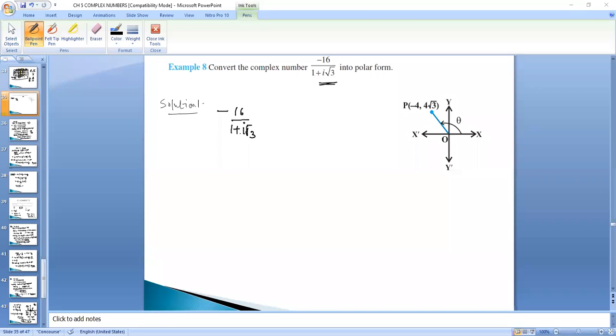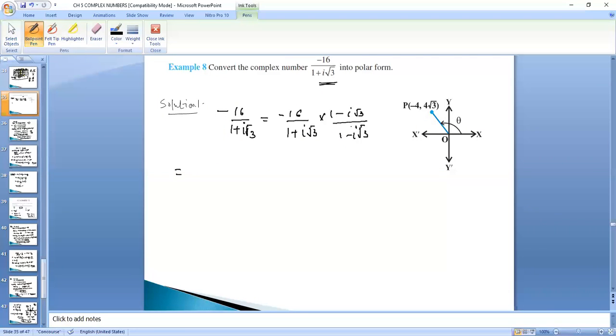So minus 16 upon 1 plus iota root 3 can be written as minus 16 upon 1 plus iota root 3 into 1 minus iota root 3 upon 1 minus iota root 3.